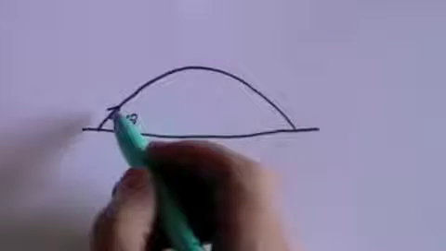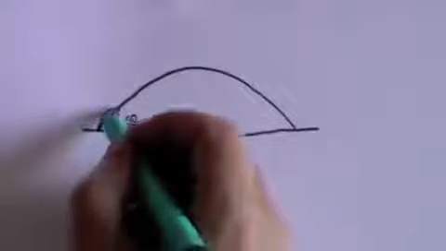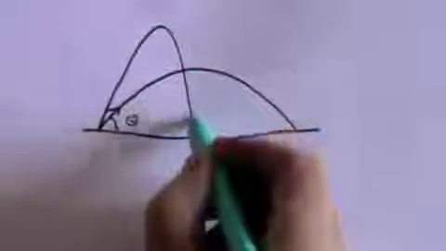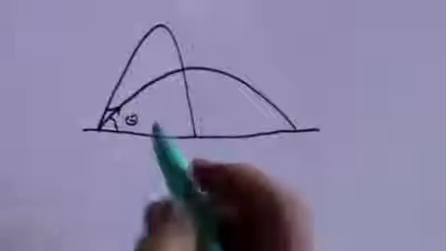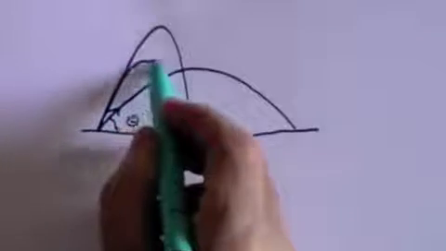And depending on the velocity and the angle, the trajectory might do this. And if you fire it higher, or if the velocity is less, it might do this. It doesn't go up quite so high.